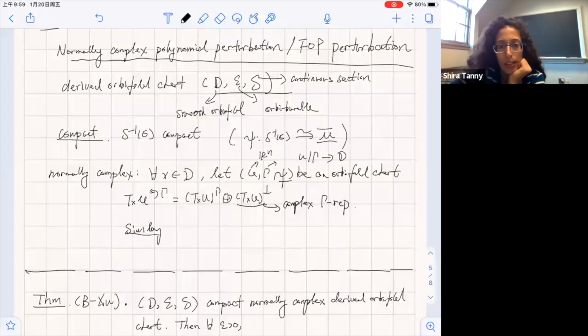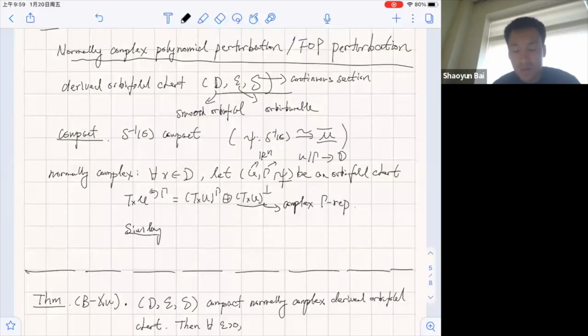Can you explain why it is important to have the normal part complex? Yeah, so that's going to be one of the important assumptions in our perturbation scheme. Because of these complex structures, we could more or less perturb our Kuranishi section locally using algebraic sections, so complex polynomial perturbations.